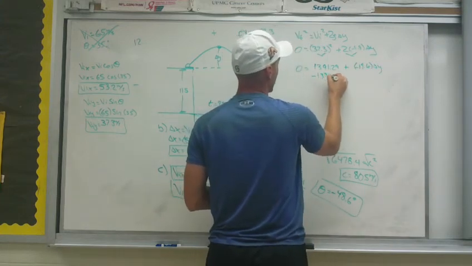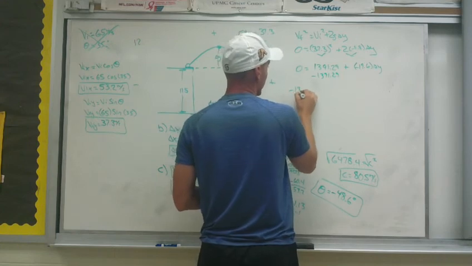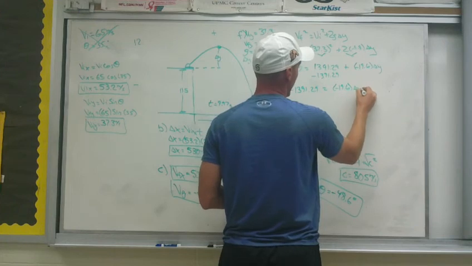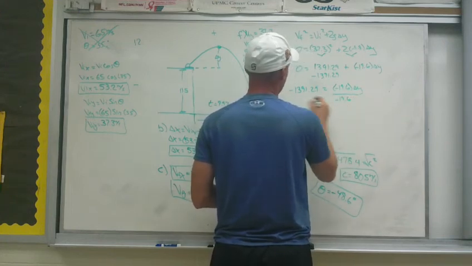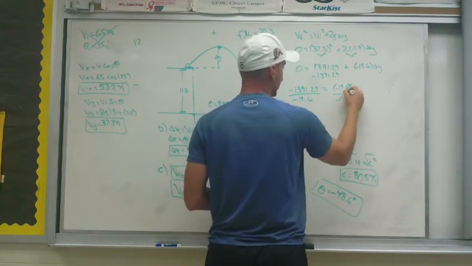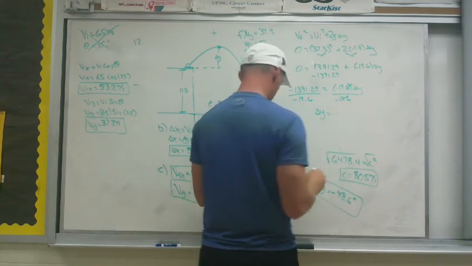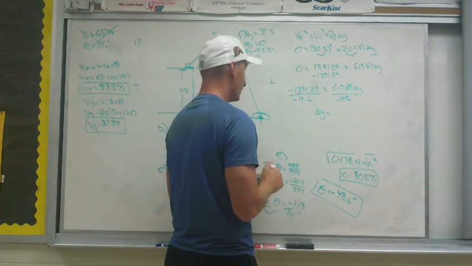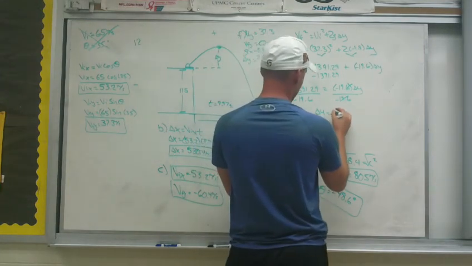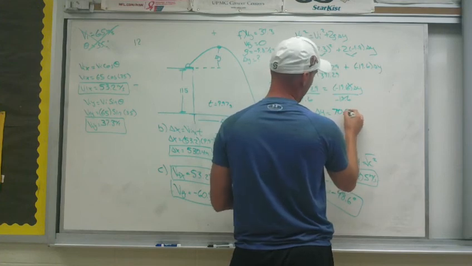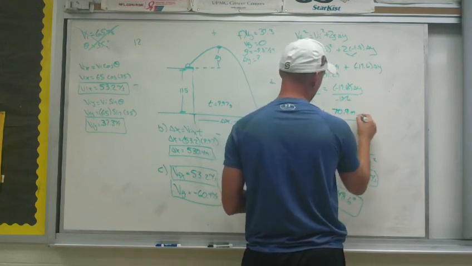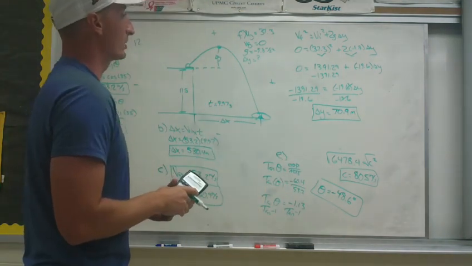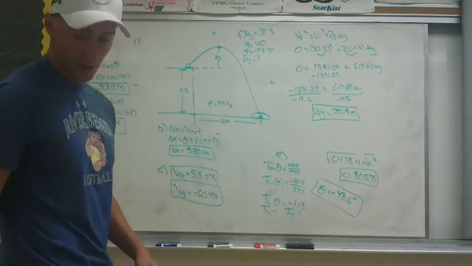Subtract. I get negative 1391.29 equals negative 19.6 delta y. Divide by negative 19.6. I get 70.9 meters. Okay? So it travels 70.9 meters above the cliff top.